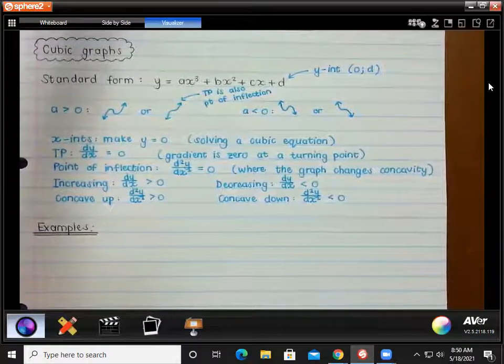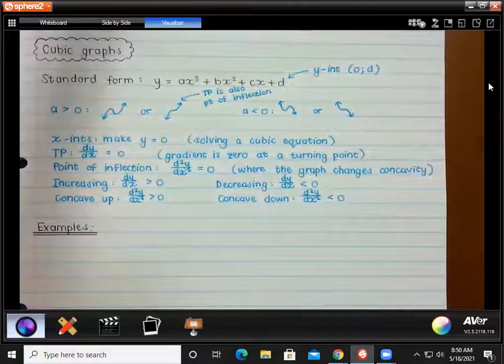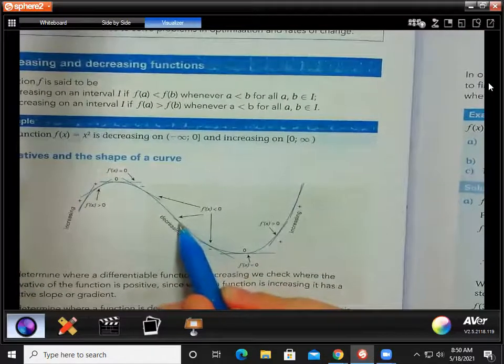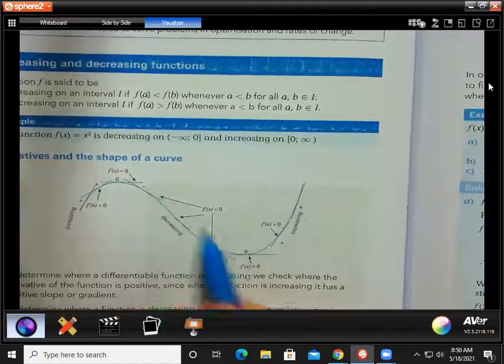Now, the gradient goes from decreasing in value to increasing. So where it goes from decreasing to increasing. Well, if you look at this, your point of inflection will be here somewhere, but the gradient is still decreasing.